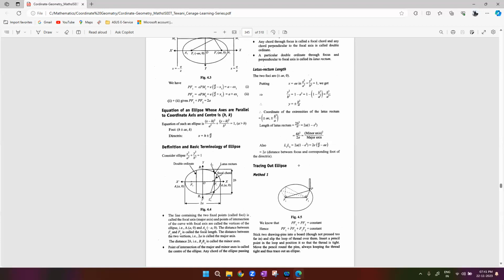The length of the latus rectum is twice the distance between the focus and the corresponding foot of the directrix, which can be defined as basically 2b by a. Sorry, 2b square by a. Give me a minute, guys. You can note this down. This is the formula, 2b square by a.